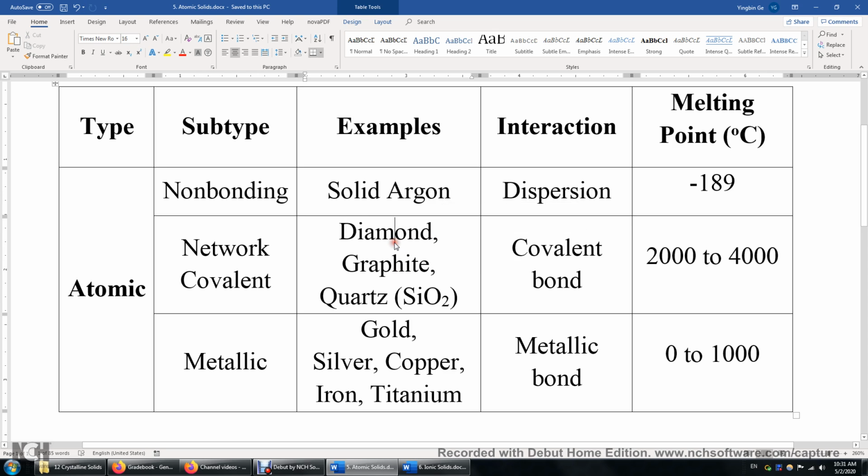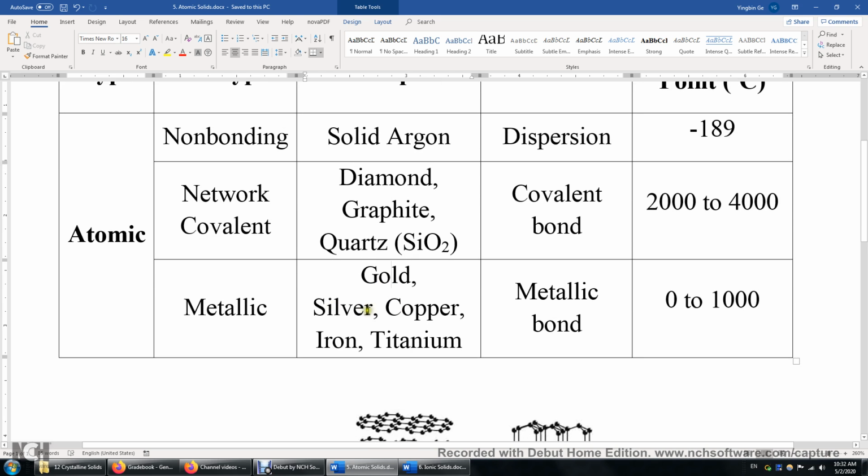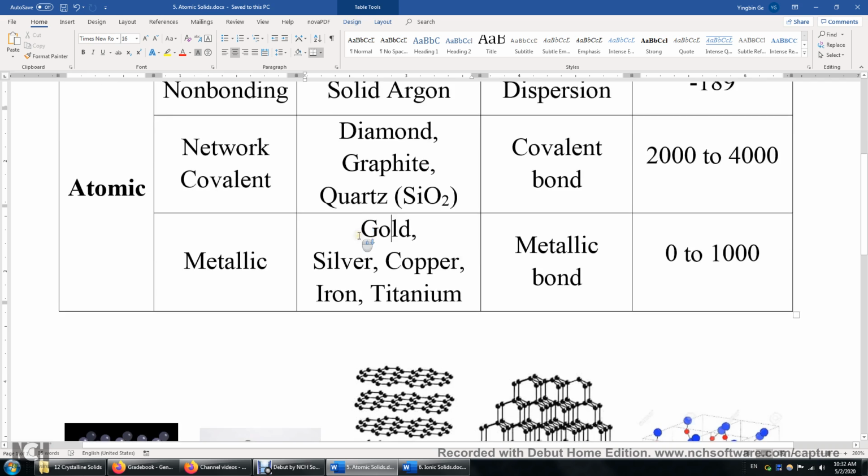Diamond is one of the hardest materials, with the highest hardness. Gold, on the contrary, is fairly soft. Quartz is very hard as well, and silver is pretty soft compared to quartz or diamond.